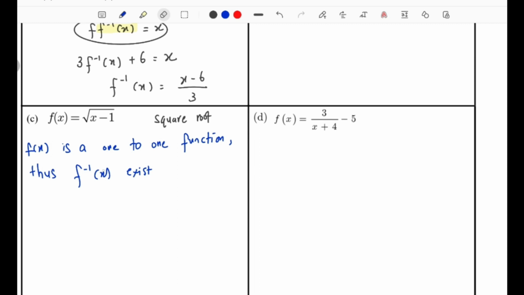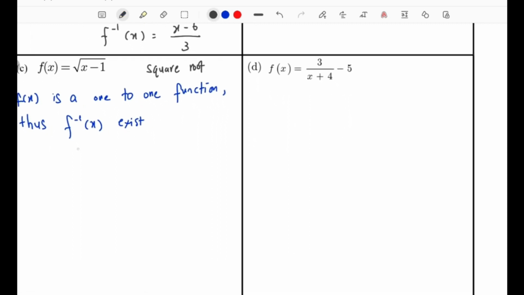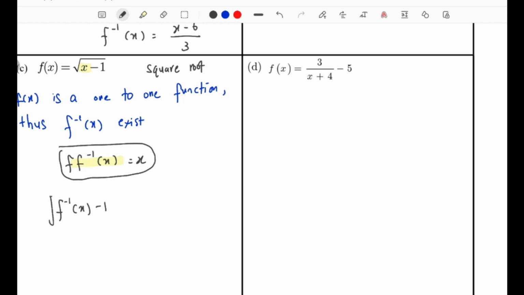So if f inverse exists, we need to find the inverse function by using the formula f of f inverse equals x. So substitute f inverse into the f, equals x, and then rearrange until we have f inverse as the subject.